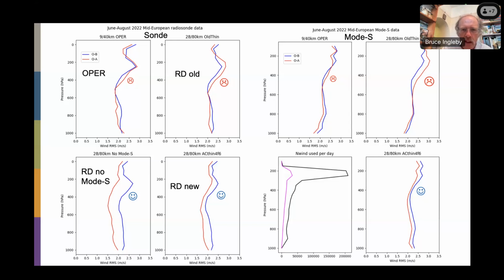And the right-hand side next to that, for Mode S, shows the number of winds used per day, and in most of the troposphere we've maybe halved the data used, but in the cruise levels it's much reduced.